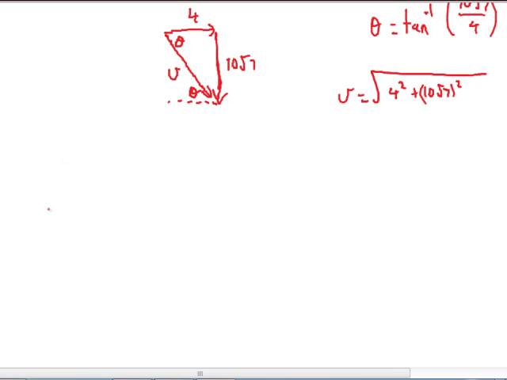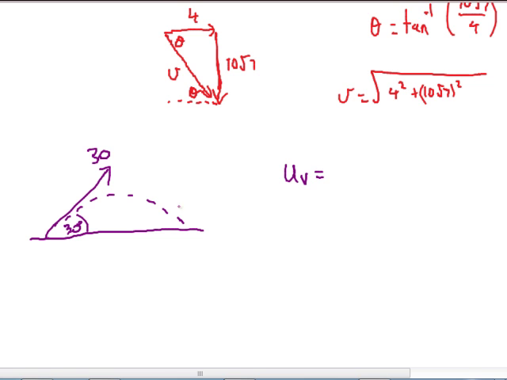So oblique, let's launch at 30. So first thing we want to do is know what our velocities are. So UV is, say we launch that at 30 degrees, would be 30 sine 30.